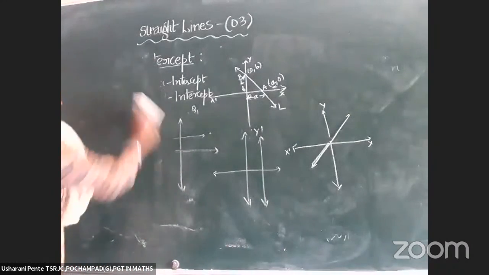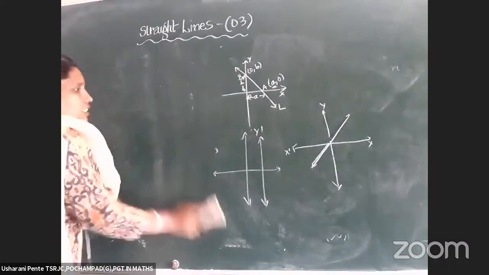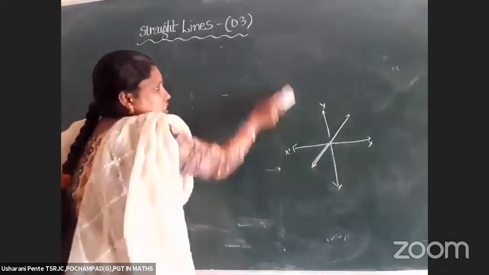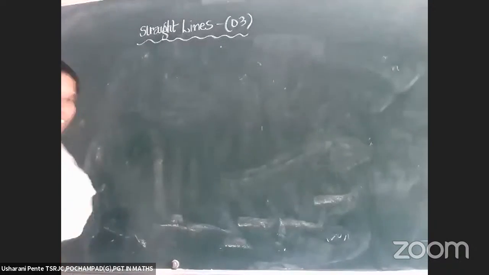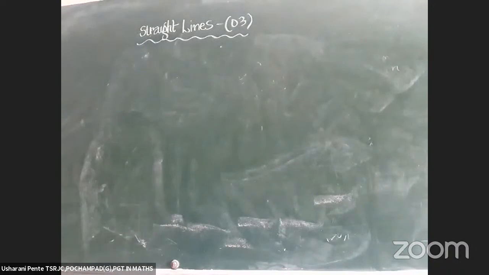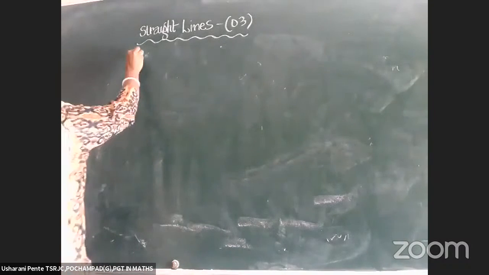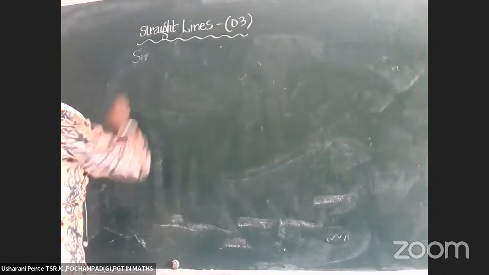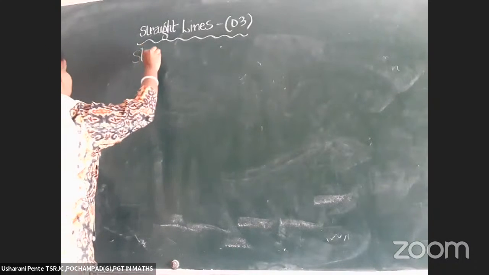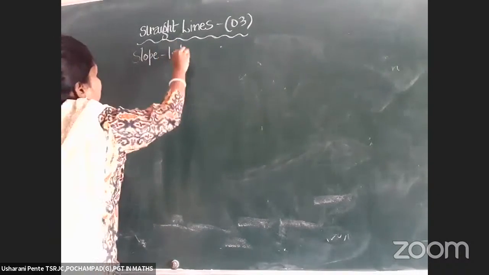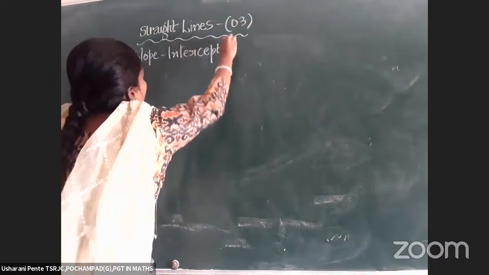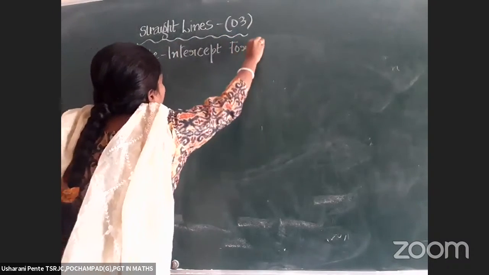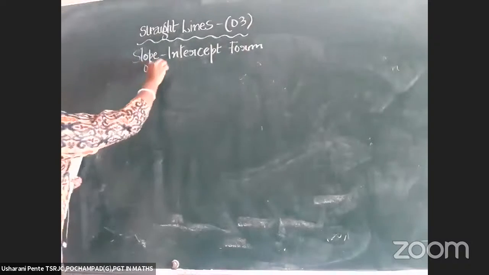Next we have a theorem, that is the slope intercept form. The slope intercept form of a straight line.